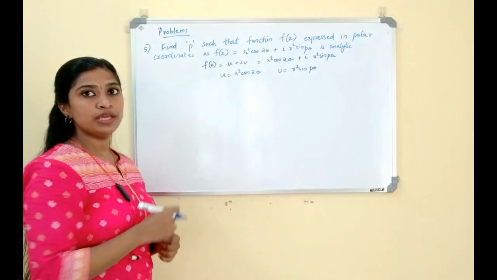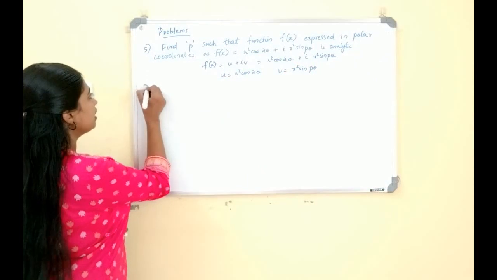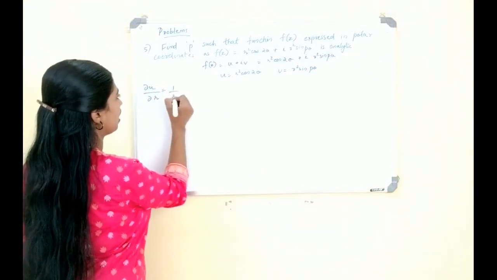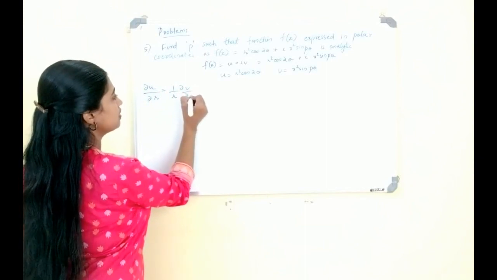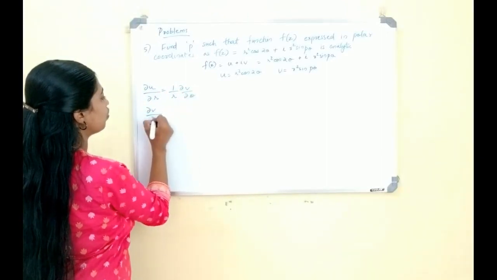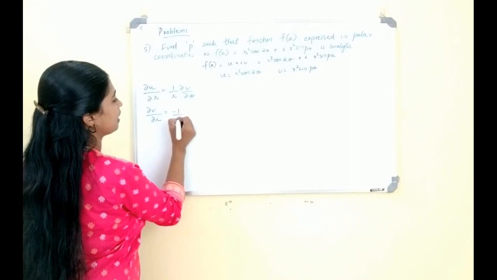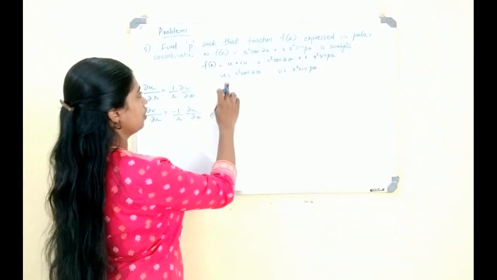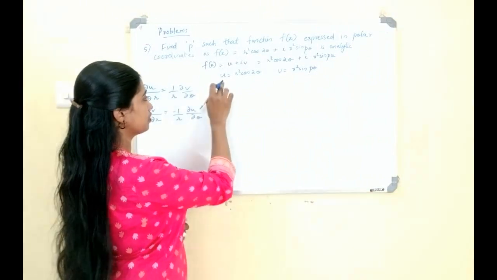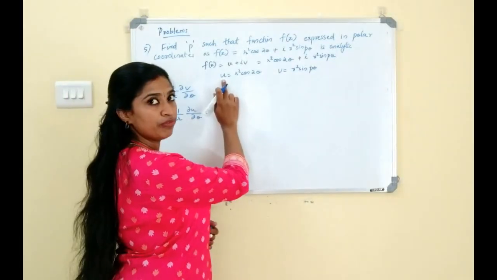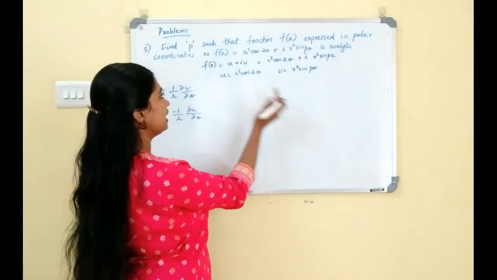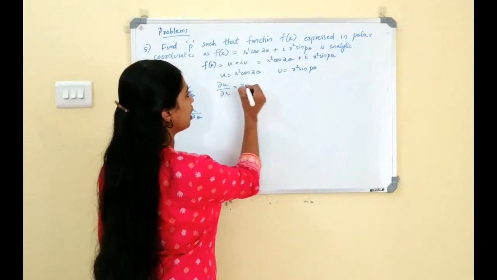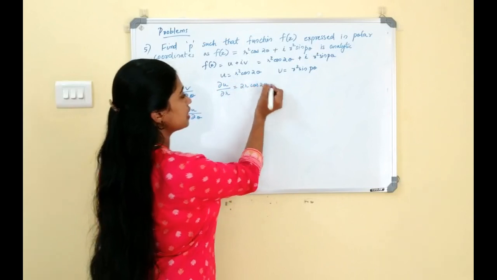In polar form, the Cauchy-Riemann equations are given by dou u by dou r is equal to 1 by r, dou v by dou theta, and dou v by dou r is equal to minus 1 by r, dou u by dou theta. So we have to differentiate u and v partially with respect to r and theta. Dou u by dou r is equal to 2r cos 2 theta, as cos 2 theta is a constant.